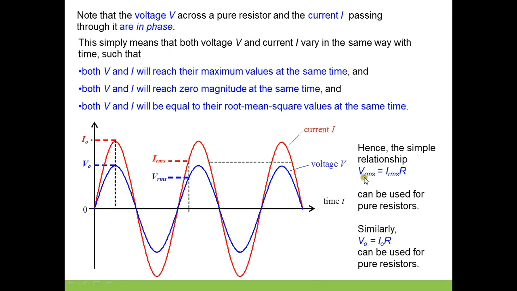And of course, we can say that the root mean square value of the voltage is equal to the root mean square value of the current multiplied by R. Similarly, because they are both maximum at the same time, we can say that V0, the maximum value of voltage, is equal to I0, the maximum value of the current, multiplied by R.